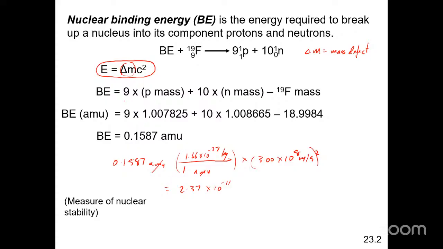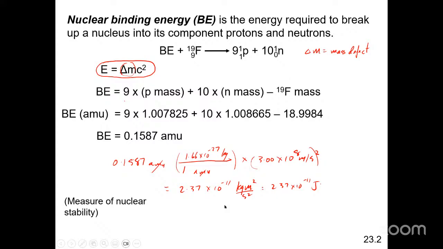Okay, so I guess I was right. So the units here would be kilograms meter squared over second squared, which is the same thing as joules. So 2.37 times 10 to the minus 11 joules, all right? So that would be the binding energy.